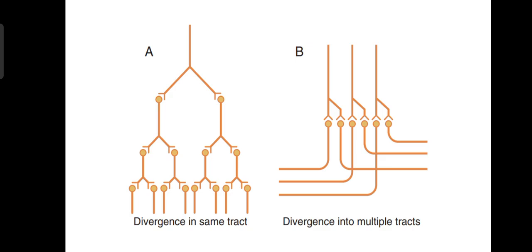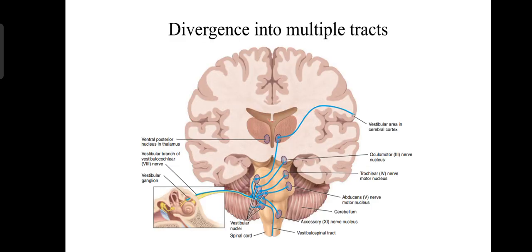This is again a divergent circuit. It can be within the same tract or into multiple tracts. This is an example of divergence into multiple tracts. This is the vestibular branch that's taking information about balance in the inner ear.